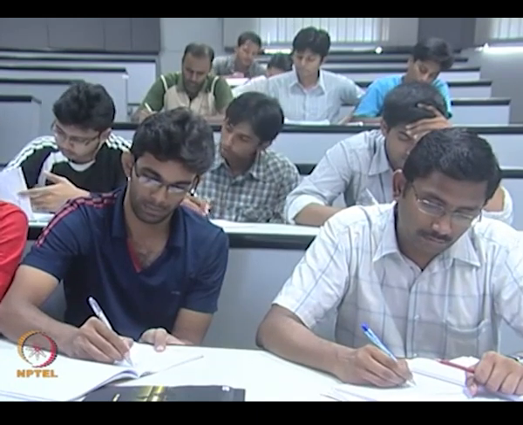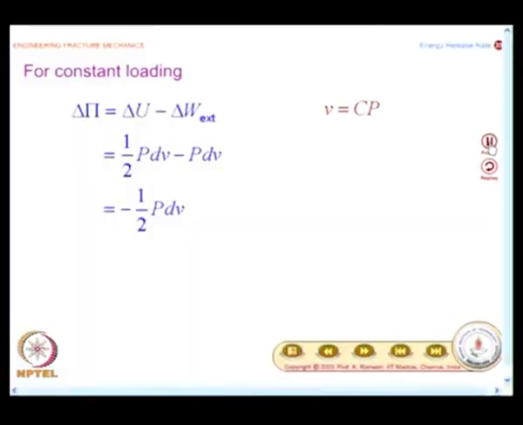It is fairly simple, and you look at V equal to Cp, and the key point here is we are going to look at incremental change. So, when you differentiate, I will have this as C into dP plus P into dC, and you have to look at, we are discussing constant loading. Under constant loading dP goes to 0.